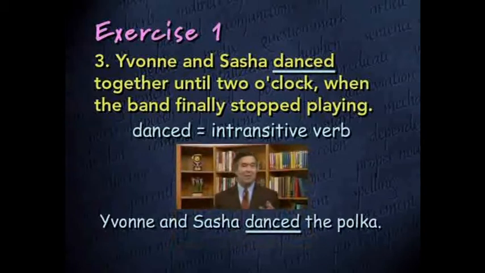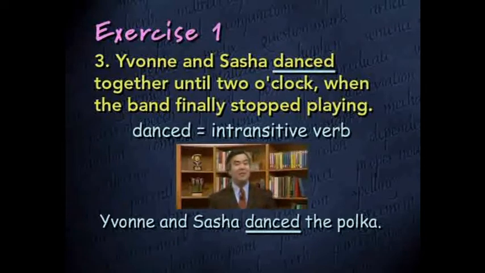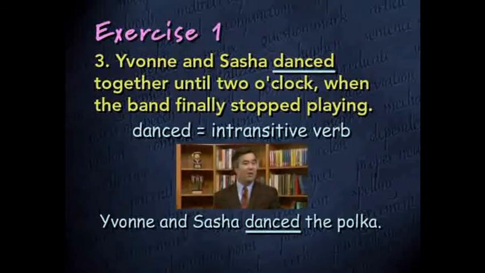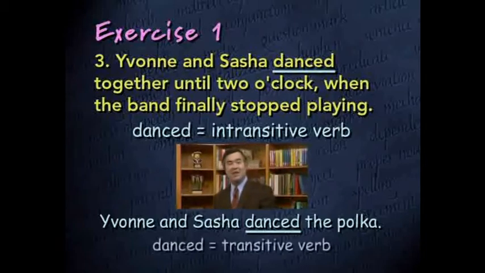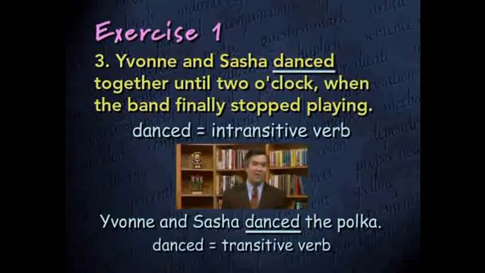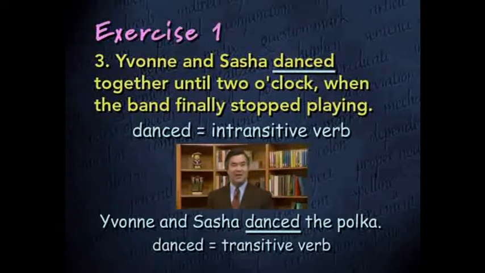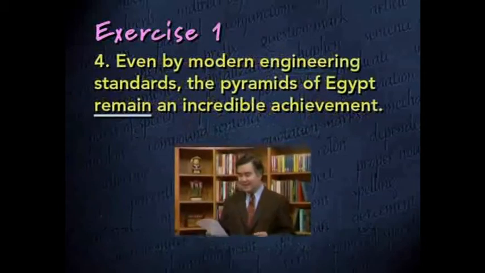In that sentence, the word polka would be receiving the action of the verb danced. It would be telling us what they danced. And we would have transformed the verb danced from an intransitive verb to a transitive verb, because there would be an object receiving the action of the verb. There is no such object in this sentence, and therefore the correct answer for this sentence in your exercise is intransitive. The next sentence.